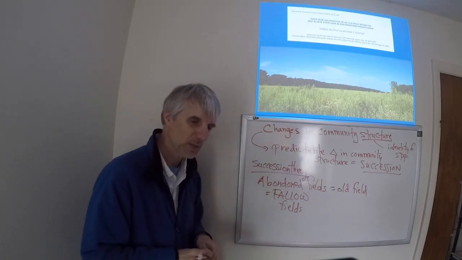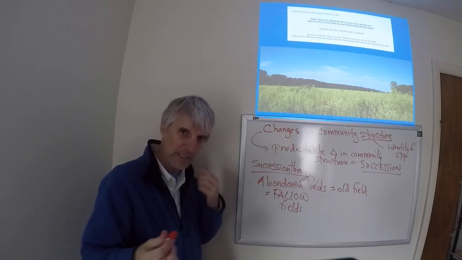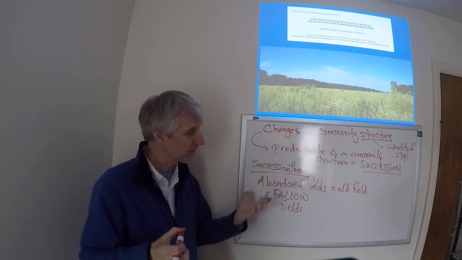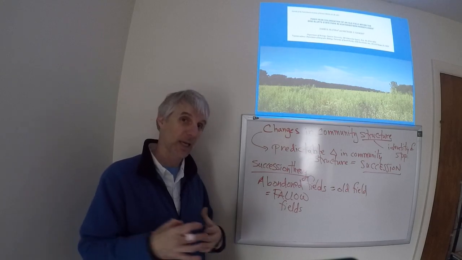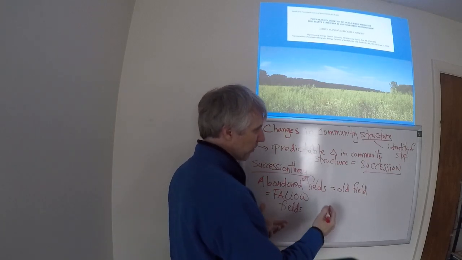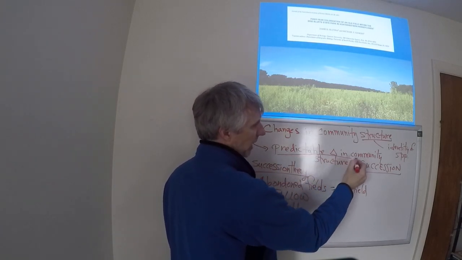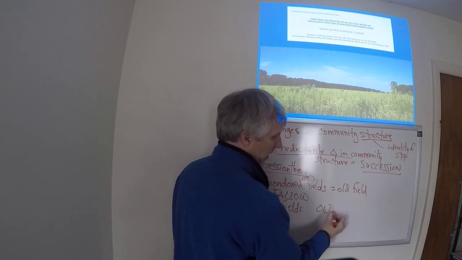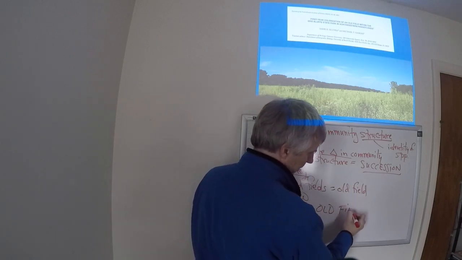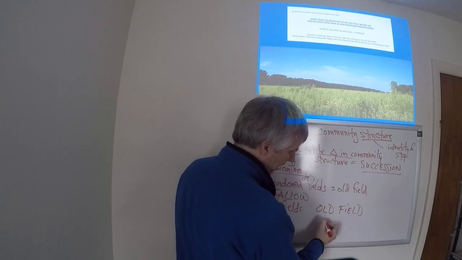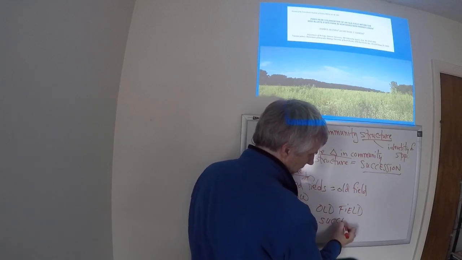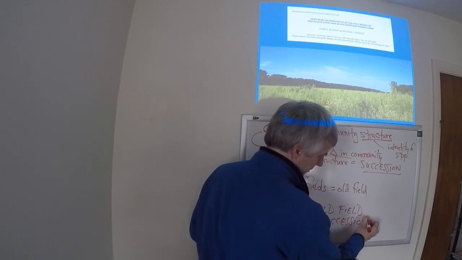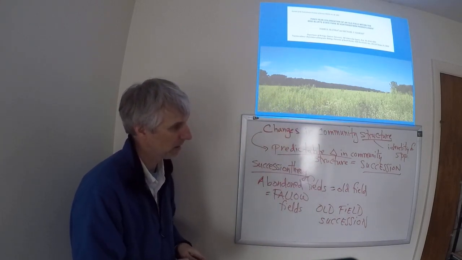And because when ecology was getting started in the late 1800s, there were lots of these old fields kicking around, lots of people were interested in predictable changes in community structure. And this became a body of theory called old field succession.